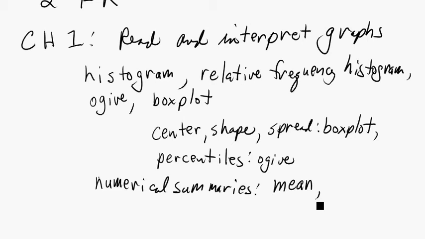You won't really have to calculate by hand, but you should know where it is in your calculator in case you have to calculate one, and you might want to get some idea of interpreting that. I think you saw a lot of those problems in the practice test that we went over.